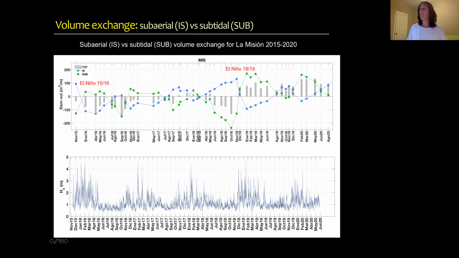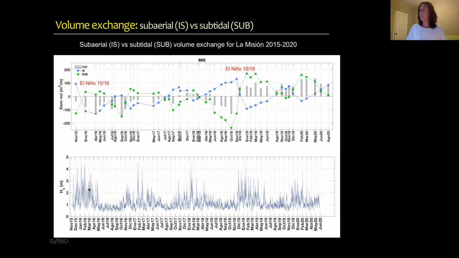This is newly obtained data, so we haven't really looked at the El Niño 18-19 effect yet, but this is quite interesting. In terms of energy, these are significant wave heights measured just offshore from the beach.